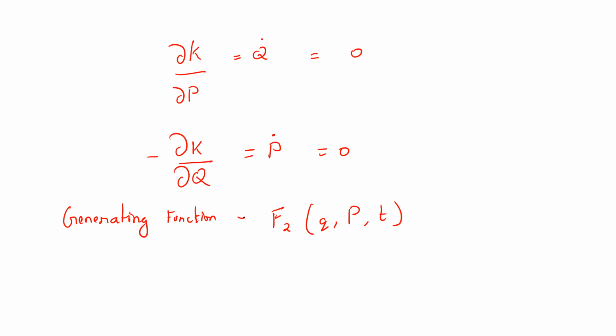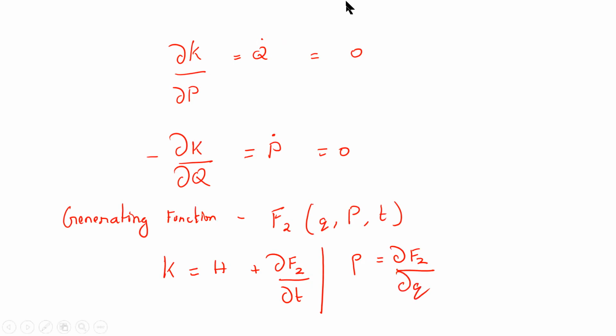So here the old Hamiltonian and new Hamiltonian are related by this equation, and we have the old momenta related by this equation, and also the new coordinate is related by this relationship, capital Q. So these are the relationships.